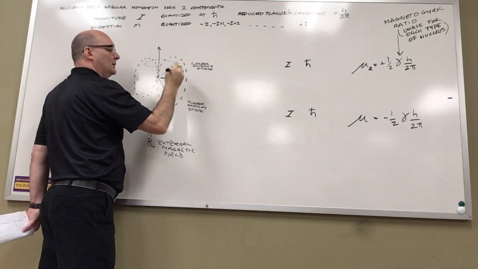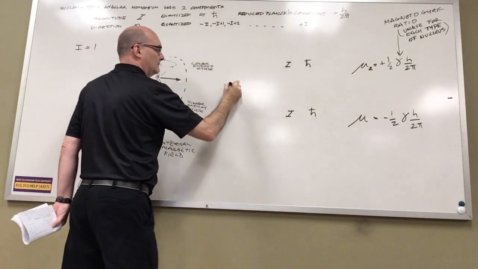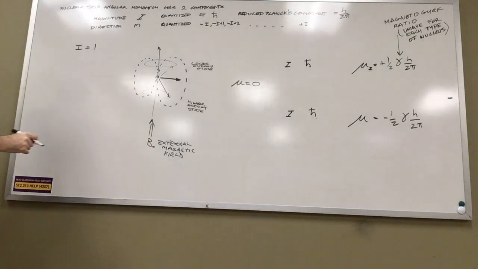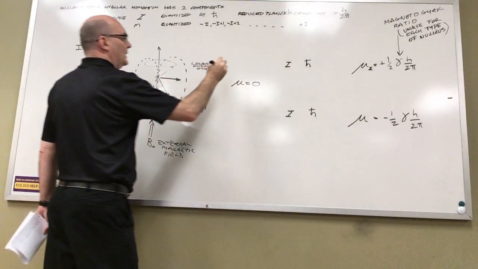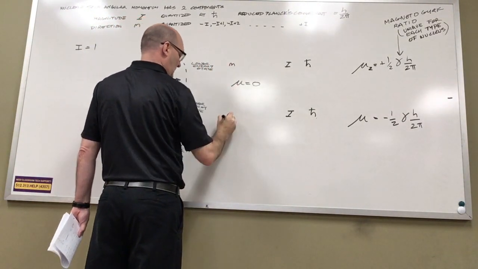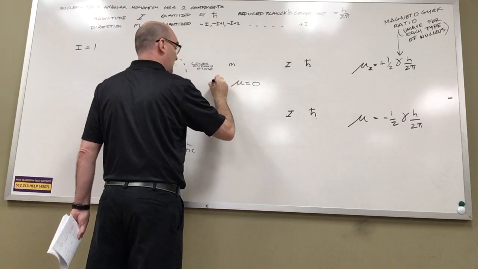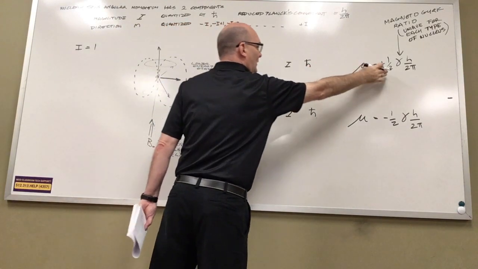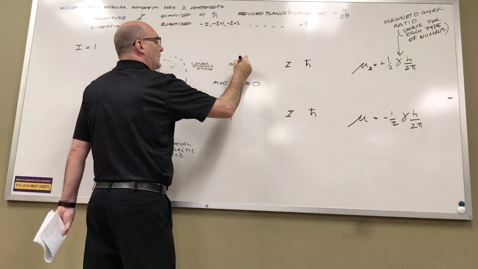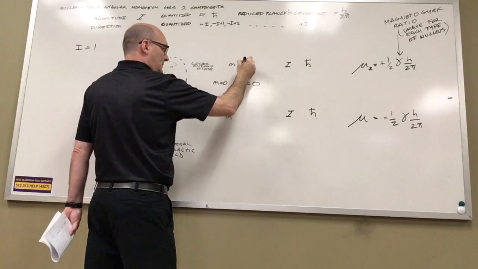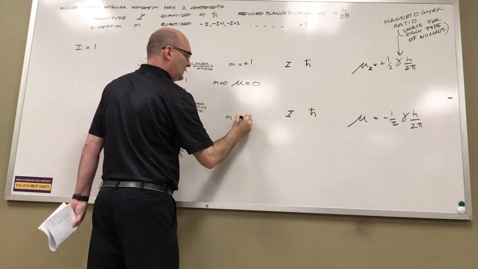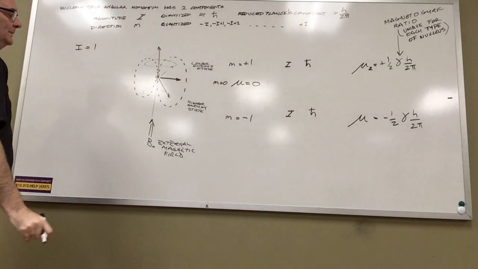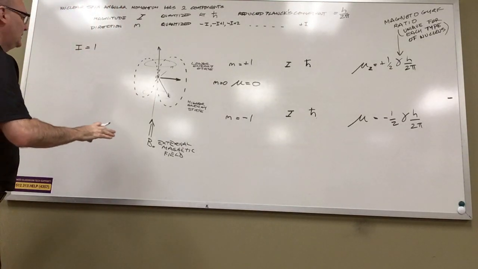You're going to have one in the middle, where that value turns out to be 0. So when m is 0, and mu relies on the value of m, and then plus 1 and minus 1. Okay, not particularly useful for us.